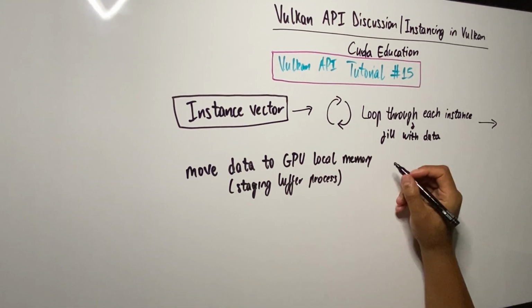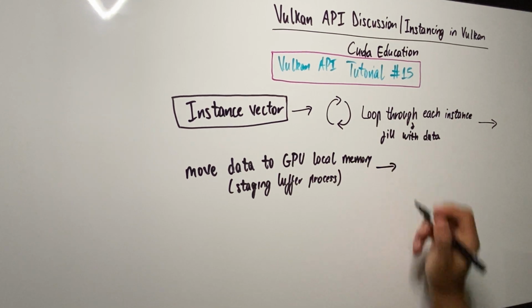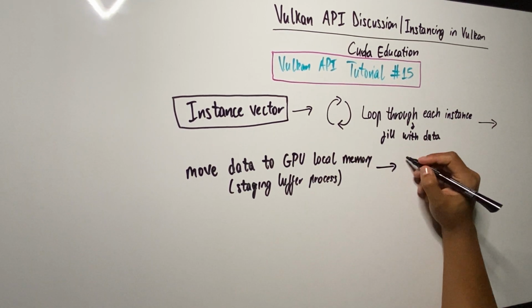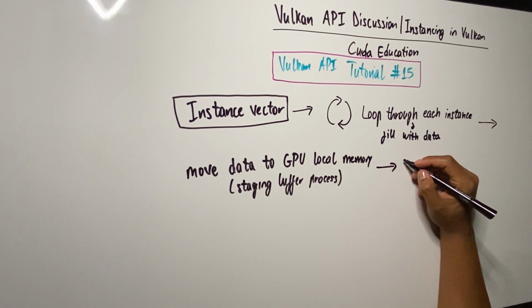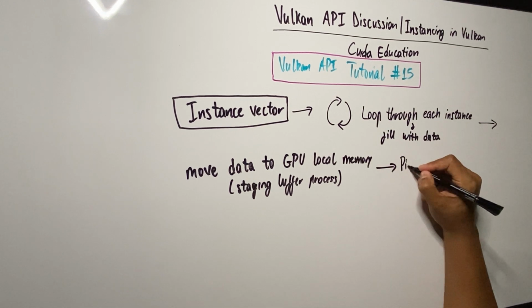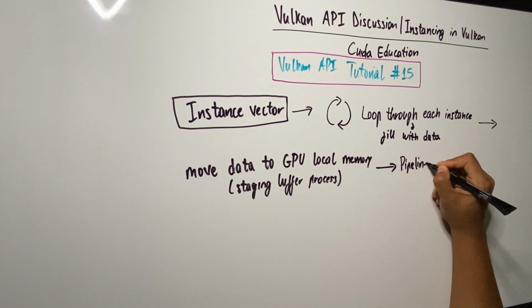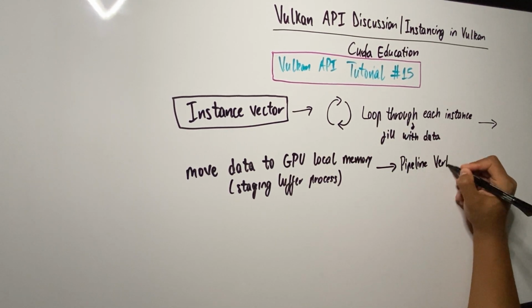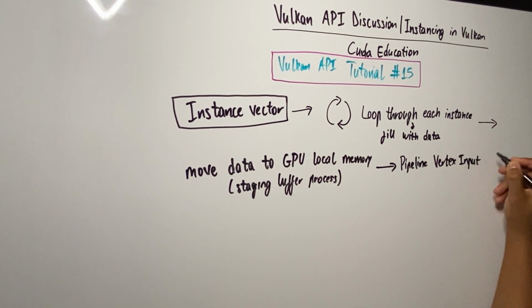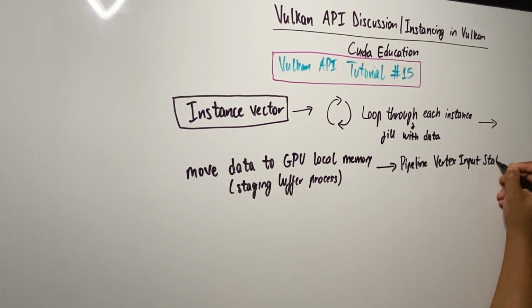Then we need to do, and this is where it gets tricky, we need a pipeline vertex input state, right?